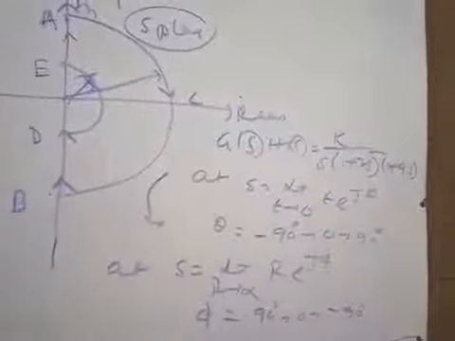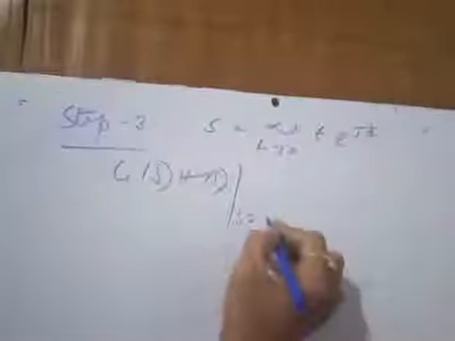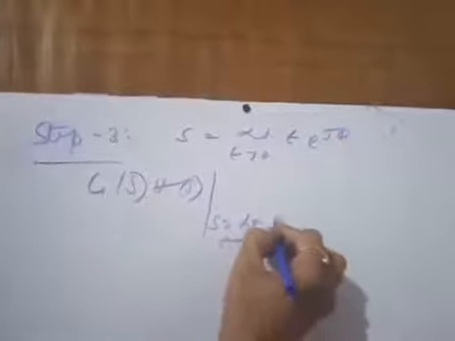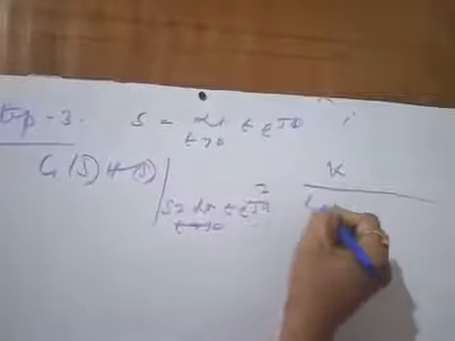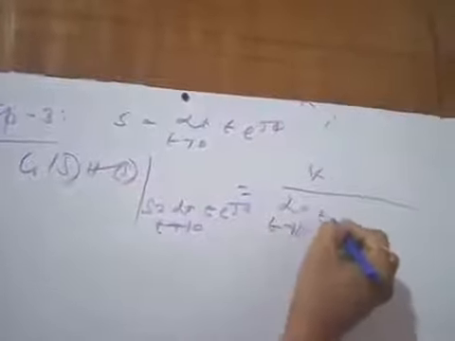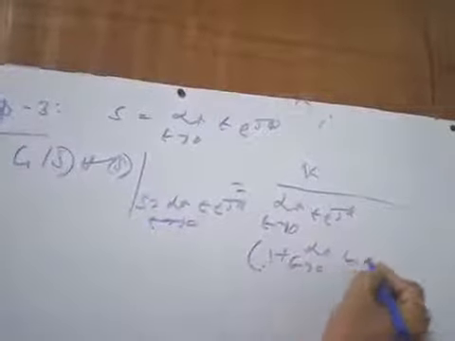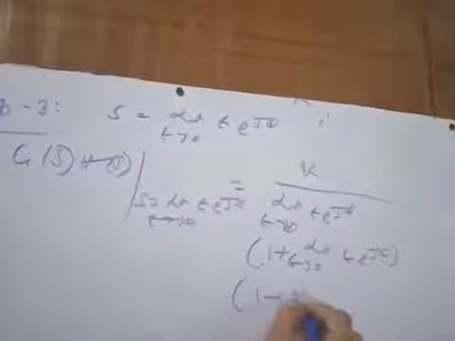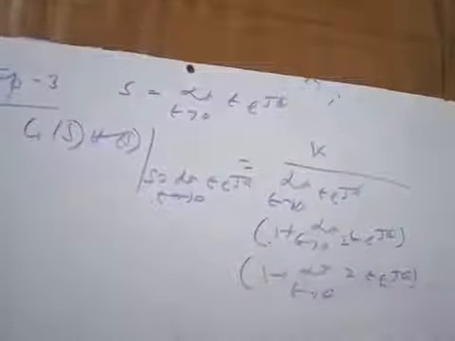Now after doing this, what you have to do? We have to calculate the value of G(s)H(s) at s equal to this, right? So next we are going to step 3. Limit epsilon tends to 0, s equals epsilon e to the power j theta, so G(s)H(s) equals K by limit epsilon tends to 0 epsilon e to the power j theta into (1 plus 2 epsilon e to the power j theta) into (1 plus 4 epsilon e to the power j theta), right?